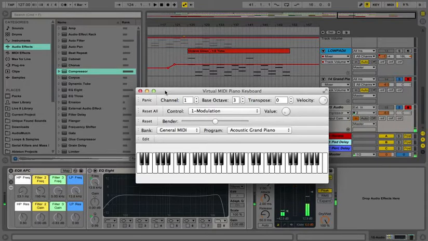So a 7th chord is the same idea. You start off with a triad and then add the 7th note of the scale. So in case of C major, it would be B. So that's it.